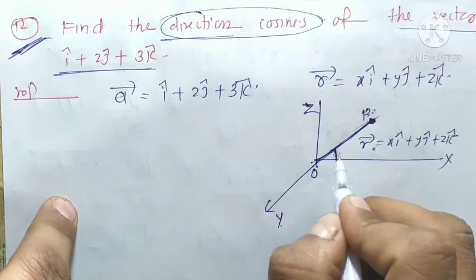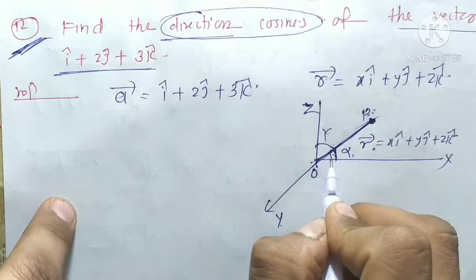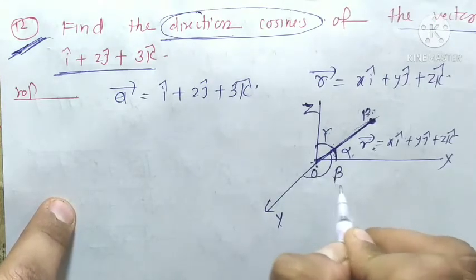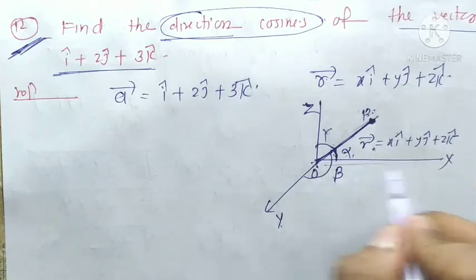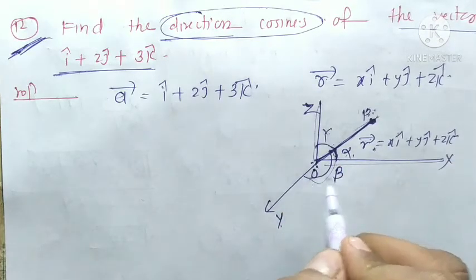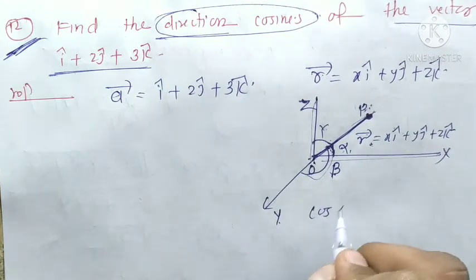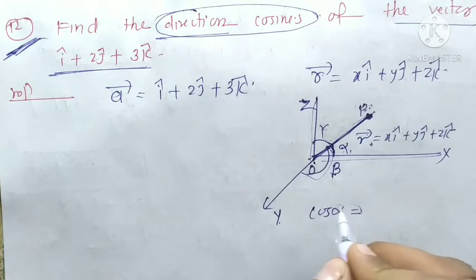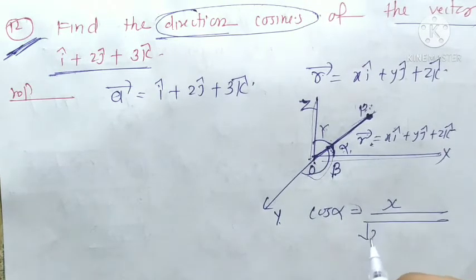This line makes an angle alpha with the x-axis, an angle beta with the y-axis, and an angle gamma with the z-axis. So cos alpha is equal to x upon the square root of x square plus y square plus z square.